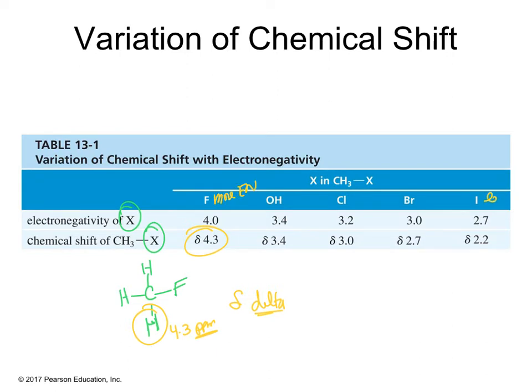So iodide is less electronegative, so if this was iodide, then this would show up at 2.2 ppm. The OH here, so if you have that as an OH, this hydrogen here would show up at 3.4 ppm.